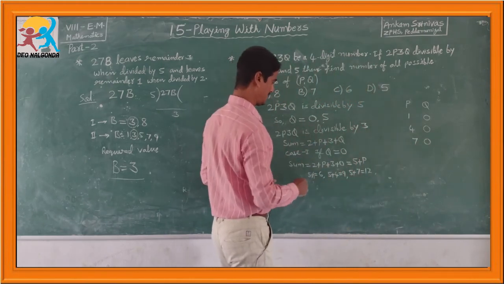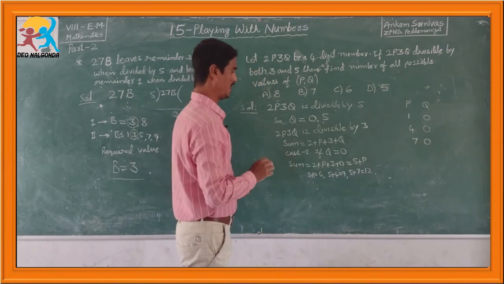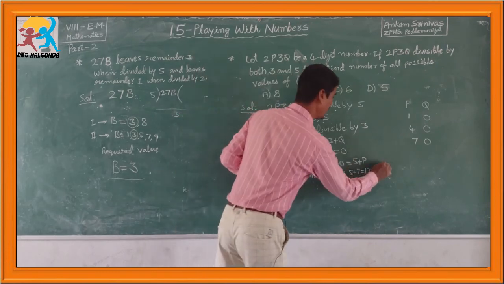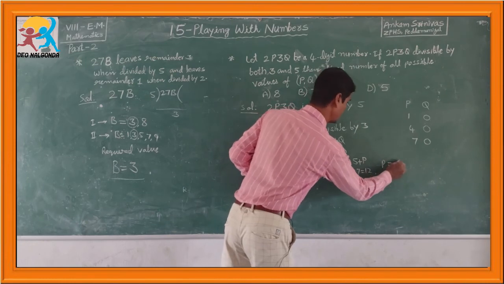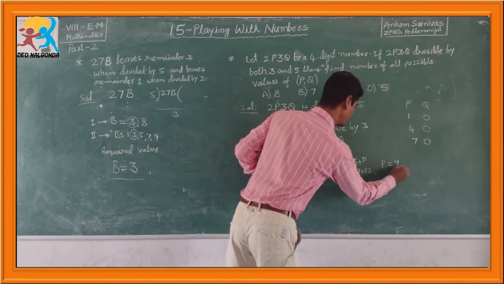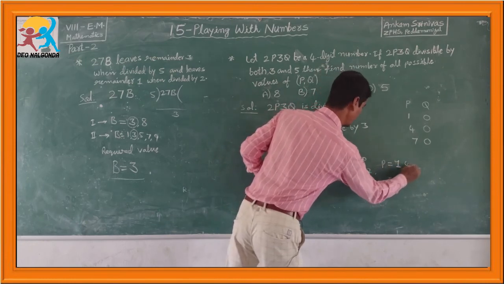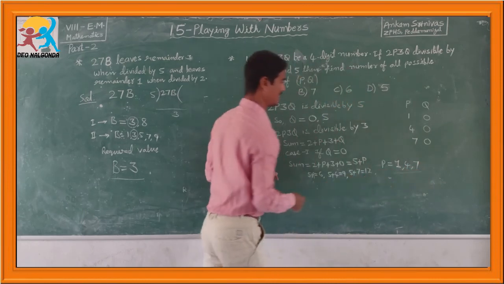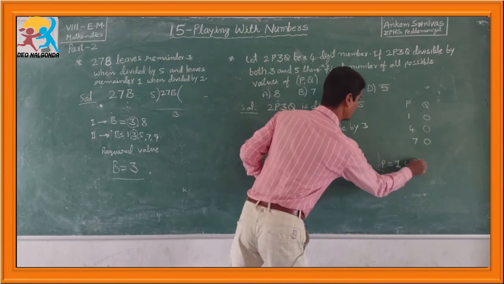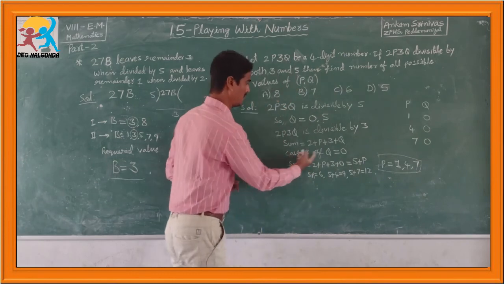This is the first case. So we have p values 1, 4, and 7. We got 3 values for q equal to 0.